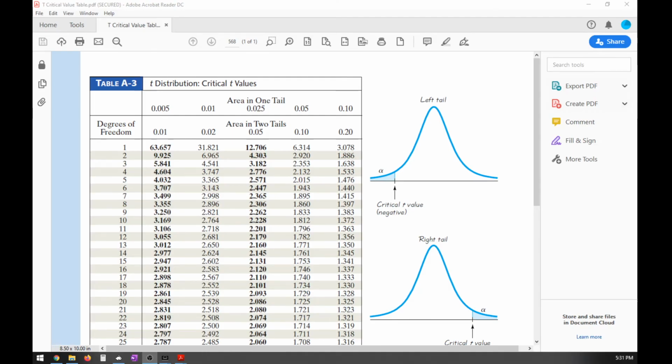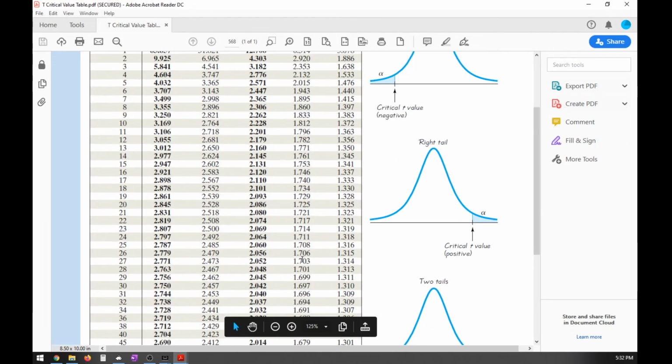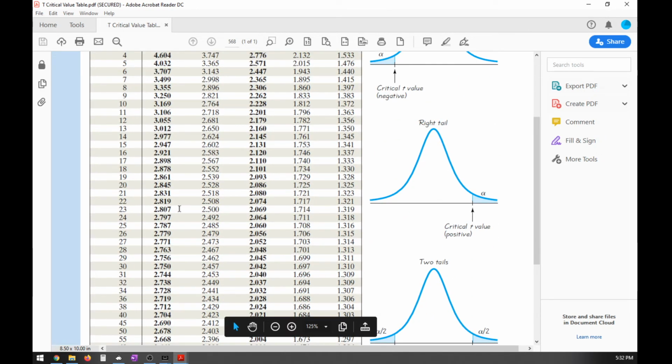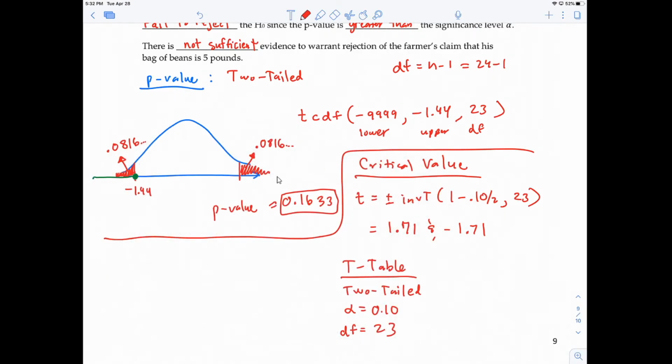Okay, so here I have the t-table. You need those three things. You need to know that it's a two-tail, that alpha is 0.10, so we're in this column, and that the degrees of freedom is 23. So we're right here. The critical value is 1.714, which is exactly what we have right here.